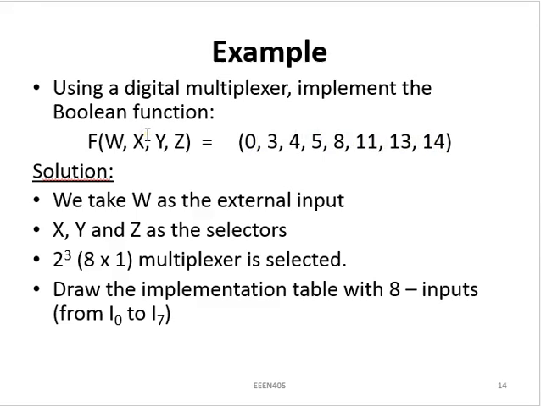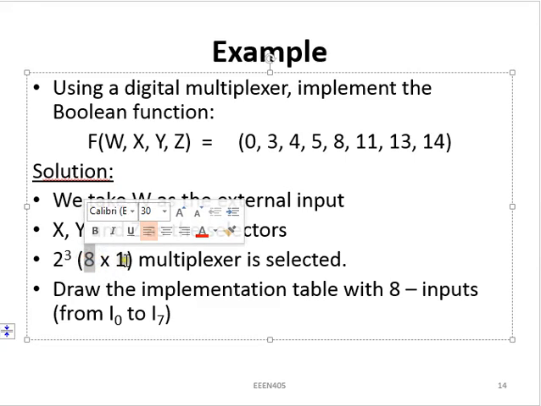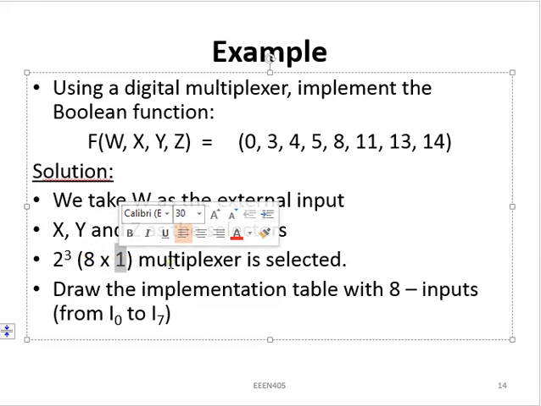So as we did in the previous case, we take this W to be our external input, while X, Y, and Z, we take them to be our selectors. Which means my n now is equal to 3. So if I want to find the number of my internal inputs, I will say 2 raised to power n, 2 raised to power 3, which is what? 8. It means I have 8 different inputs and 1 output. So I'm going to use an 8x1 multiplexer to implement this Boolean function.